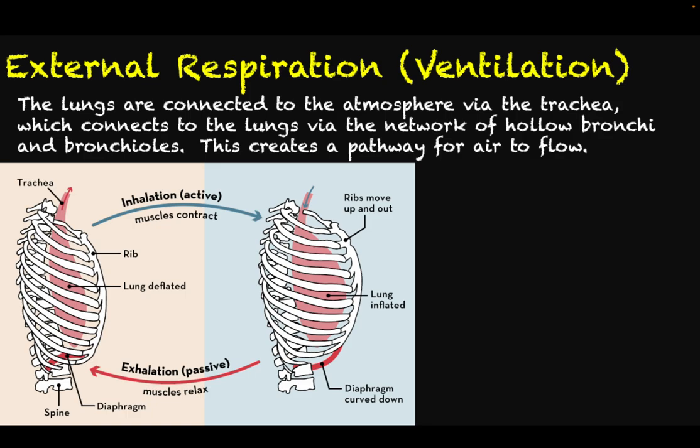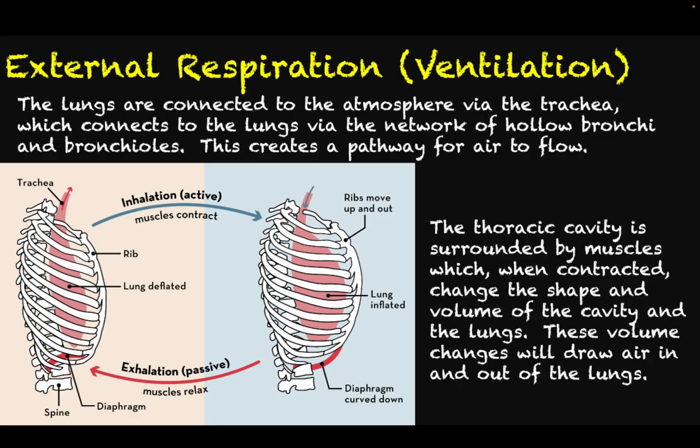That way, if you draw air in from the atmosphere around you, that air will eventually go all the way into your lungs and inflate your alveoli. Similarly, when you breathe outward, air will flow from your lungs back the way it came and back out into the atmosphere. So the thoracic cavity, which you can see represented here, is everything inside your rib cage, including your lungs.